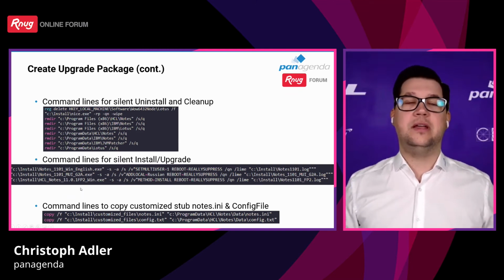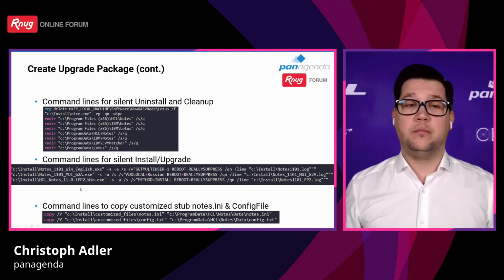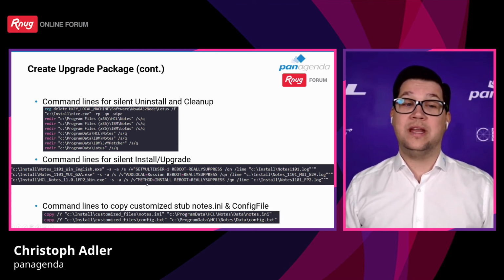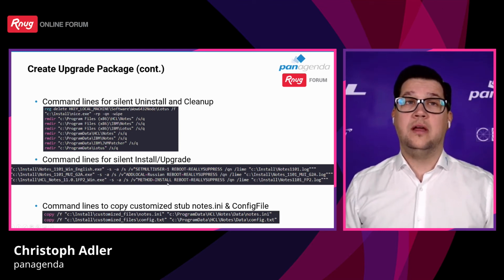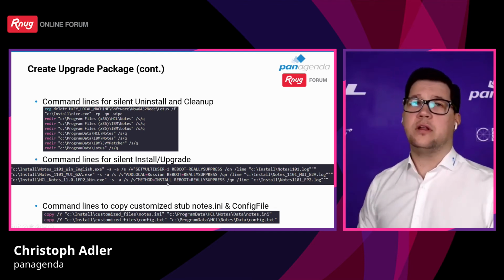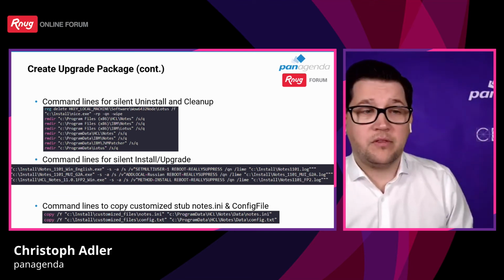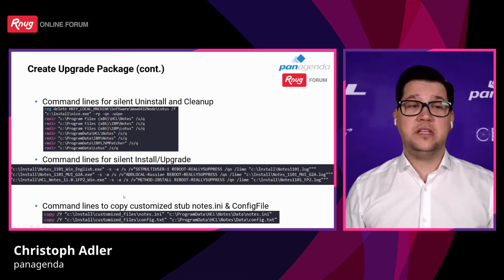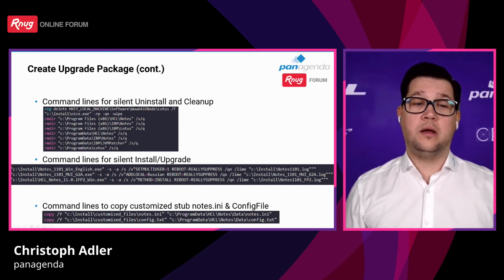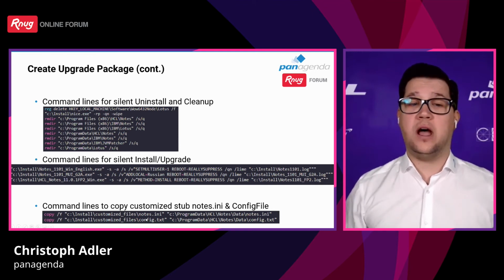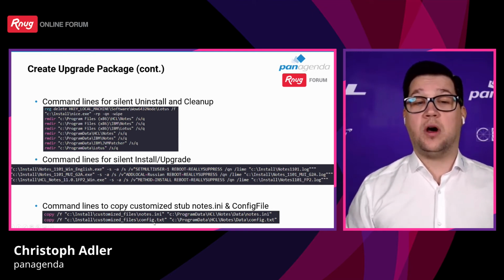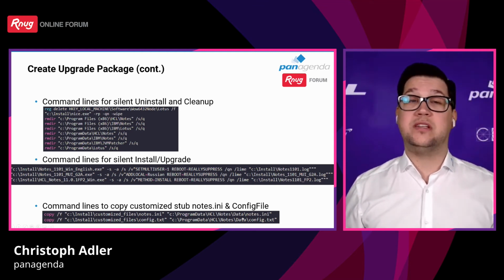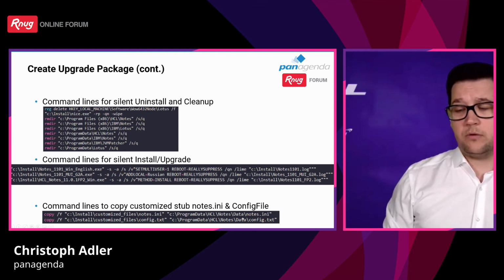And the last thing here is the FixPack 2 with the exact same switches, except for the first one, which means method install. We just want to ensure this is not an uninstall, this is an installation of the FixPack 2, right? After this was done, we are copying the prepared notes INI and the prepared config txt to the program data HCL Notes data folders, right?